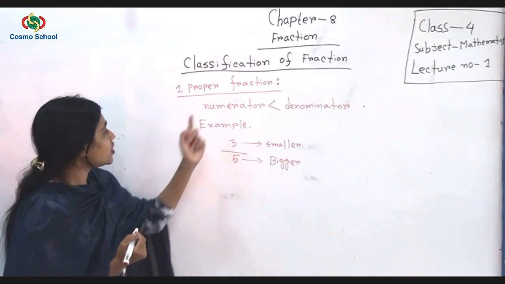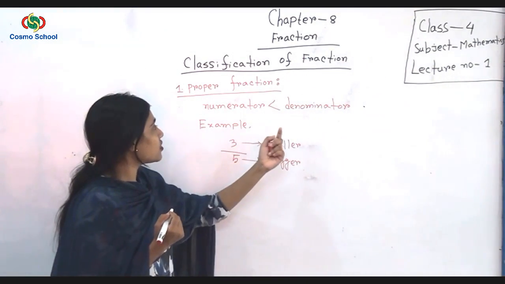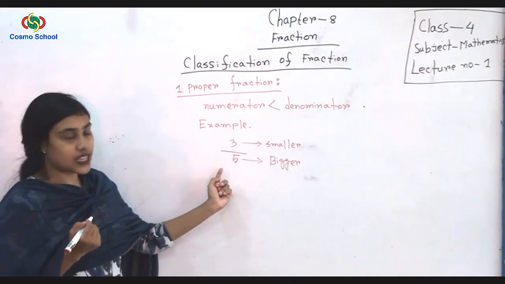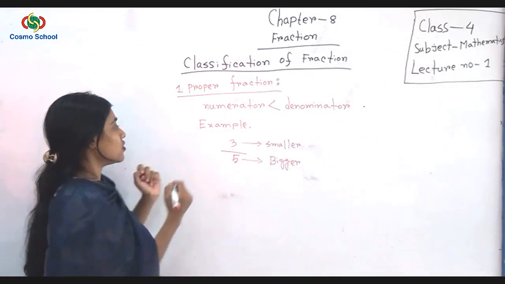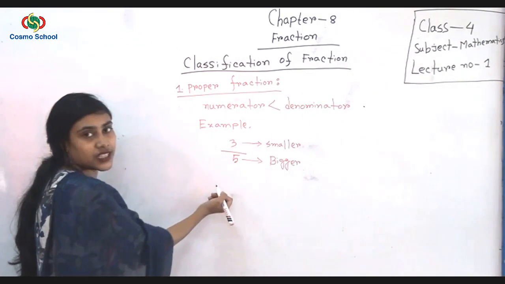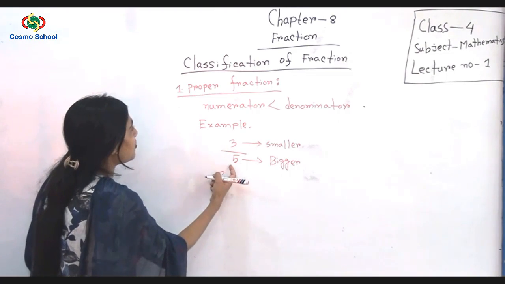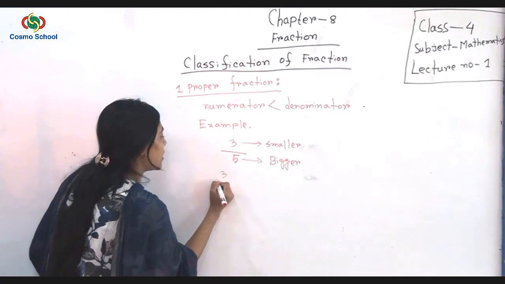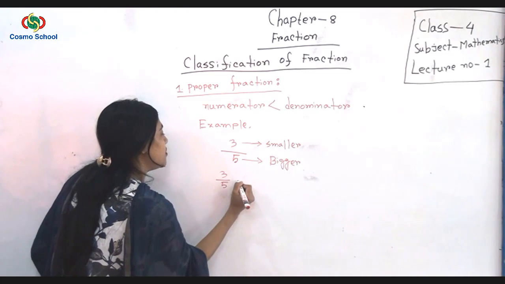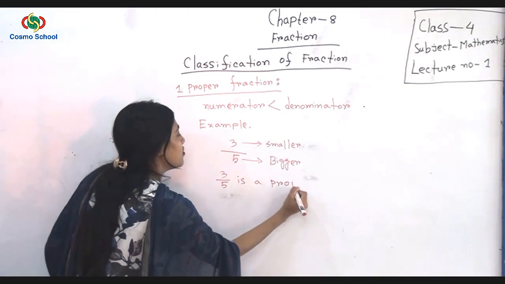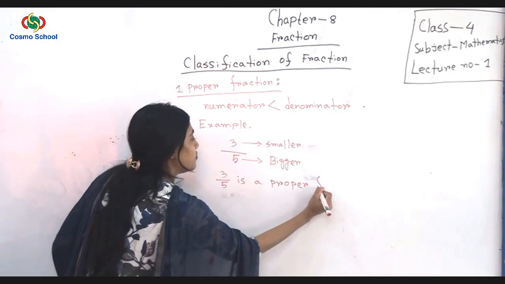So the numerator is less than the denominator. So I can say 3 divided by 5 is a proper fraction.